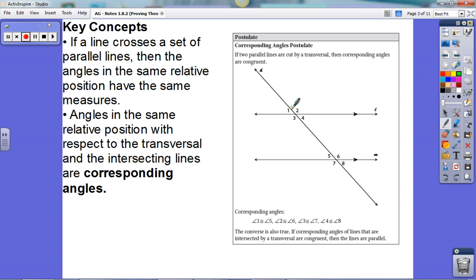So angle 1 and angle 5 would be an example of corresponding angles, and those are congruent. So 1 and 5 would be an example, 3 and 7, 2 and 6, and so forth.